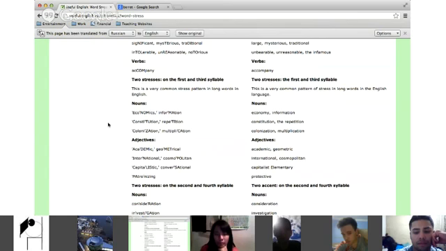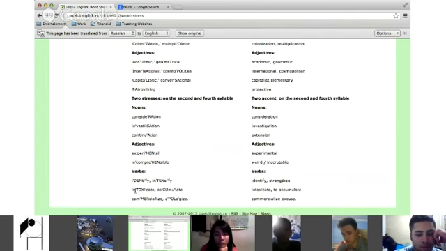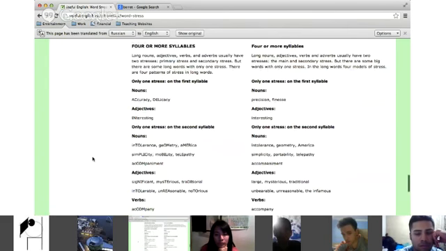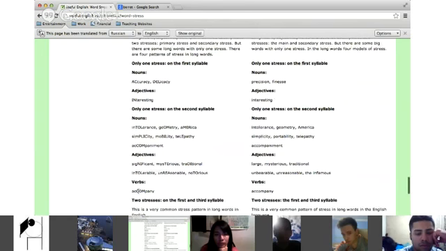That's exactly how a lot of these are pronounced. And when you get to verbs that are longer, this is very common with the second and fourth, as well as the very first one that we went over, where that second one is stressed, and there's only one stress in the word.